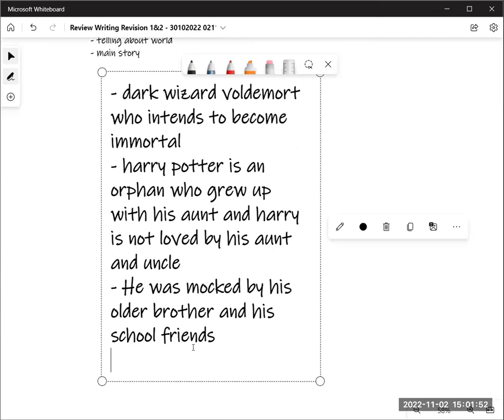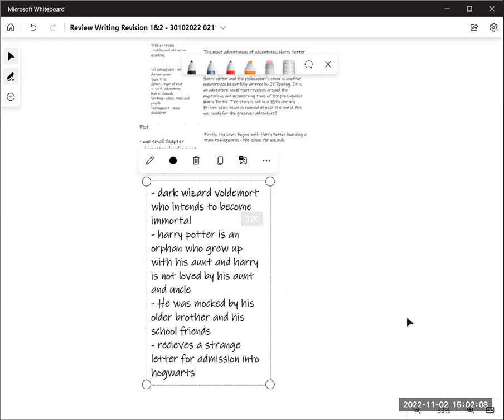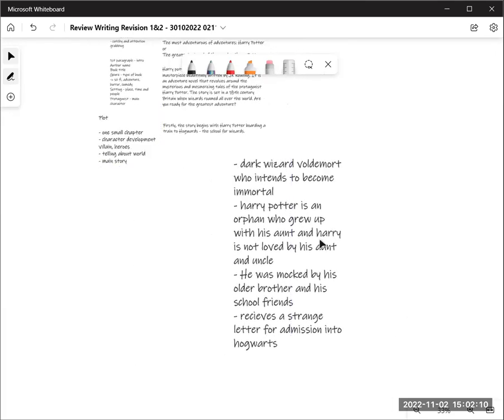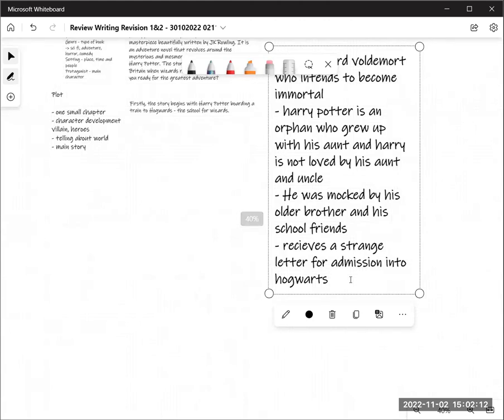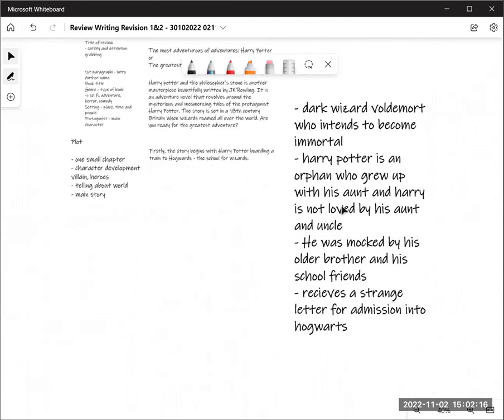Okay, then what happens is that he receives a strange letter for admission into Hogwarts. That's basically the first chapter. Let's say he receives a strange letter. That's what happens.